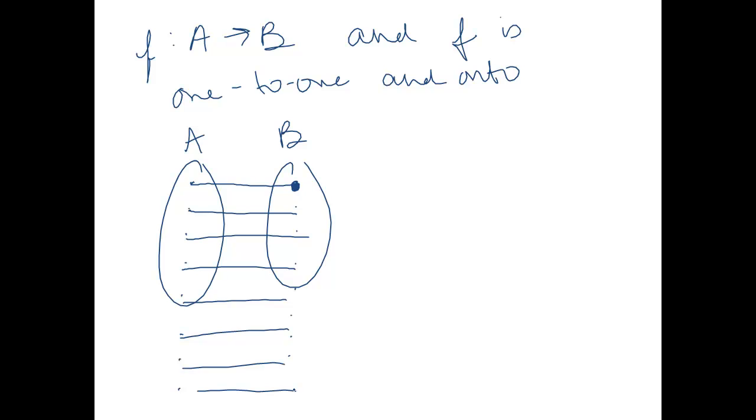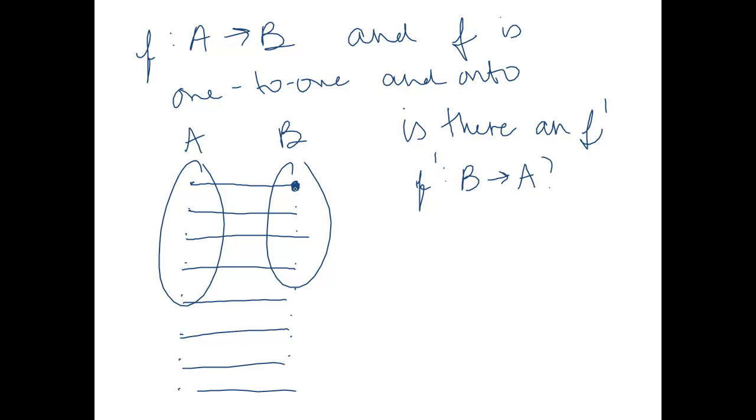So now the question is, if this f exists that maps A to B and is one-to-one and onto, is there an f prime such that f prime maps B to A? And yes, in fact. Here we can take the inverse.